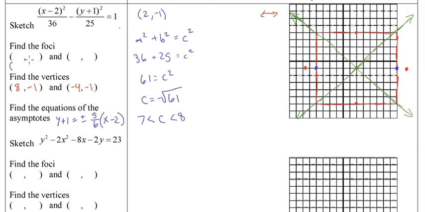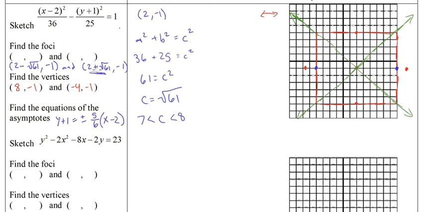We've got the center x value, so 2 minus the square root of 61. That is just an x value right there, comma negative 1, that's the y value, and 2 plus the square root of 61, comma negative 1.